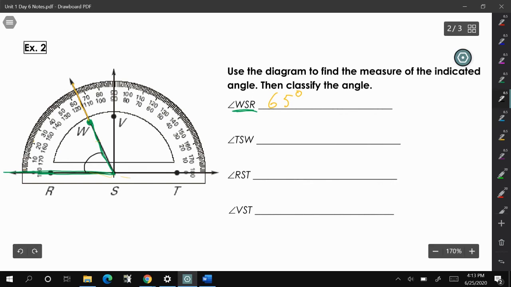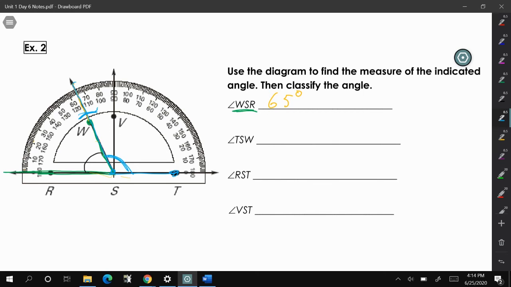Now angle TSW. Okay, so this is the angle we're talking about. And again, you could say, well, this is bigger than a corner, so it's bigger than 90 degrees, so let's use the inside number.